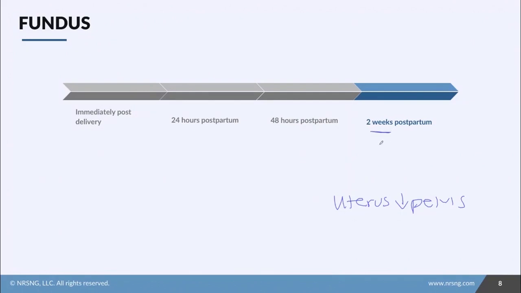This is another good test question that can be asked. If the patient at 2 weeks calls and says that she can't feel whatever was being felt at the hospital, or the patient's at the doctor and the nurse can't feel the fundus, it's okay. If she's at 2 weeks, we expect that because that means it's moving back into the pelvis where we want it to be. So it's a good thing. We should not expect to feel it at 2 weeks.